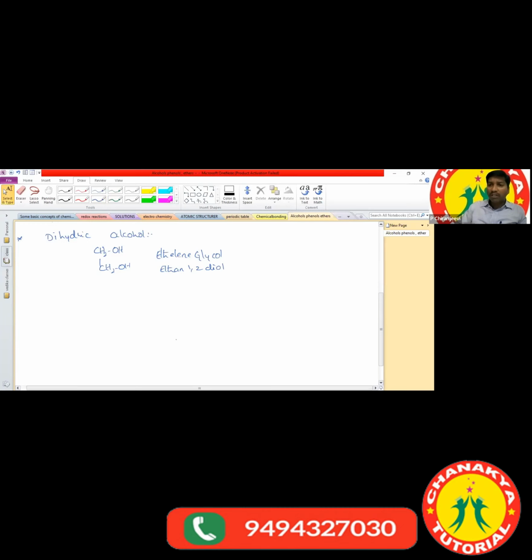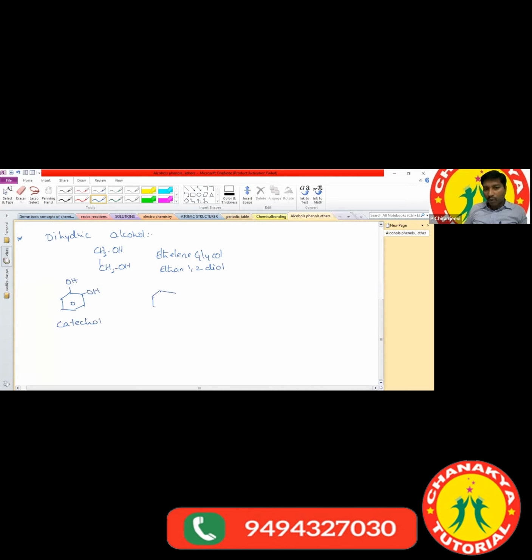Here we can also study phenol-related compounds. One is catechol. If two hydroxy groups are attached to the benzene ring, we call it a dihydric compound, and this is catechol.